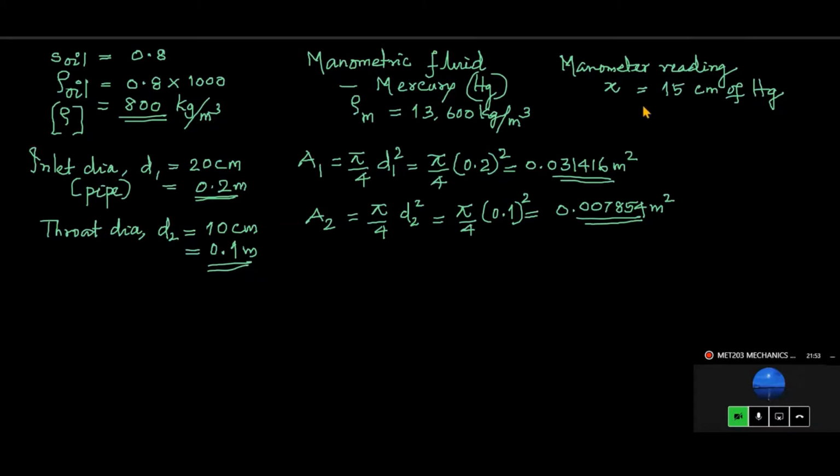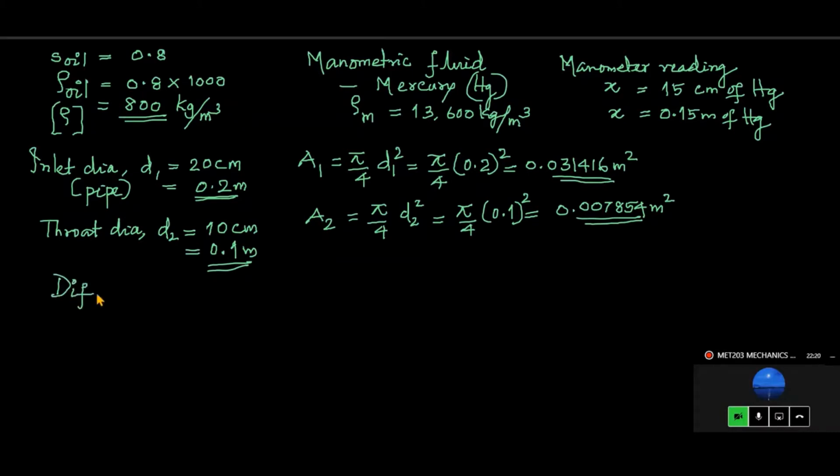But we require H, the differential pressure head. H is in terms of meters of flowing liquid, which in this case is oil. So X is equal to 0.15 meter of mercury. This is X, and we have an equation to connect X and H.